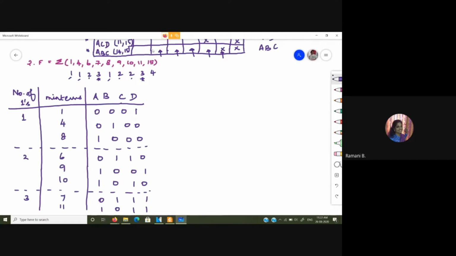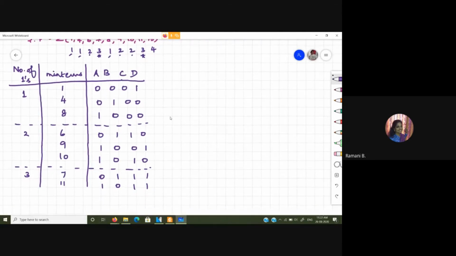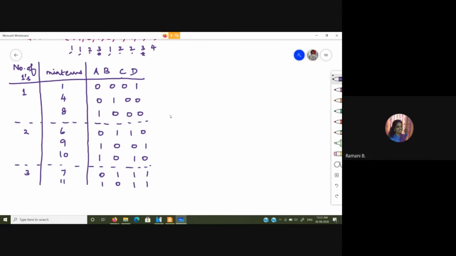And lastly, the 4 ones group, which is 15. So the 4 ones group, 15 and all ones.